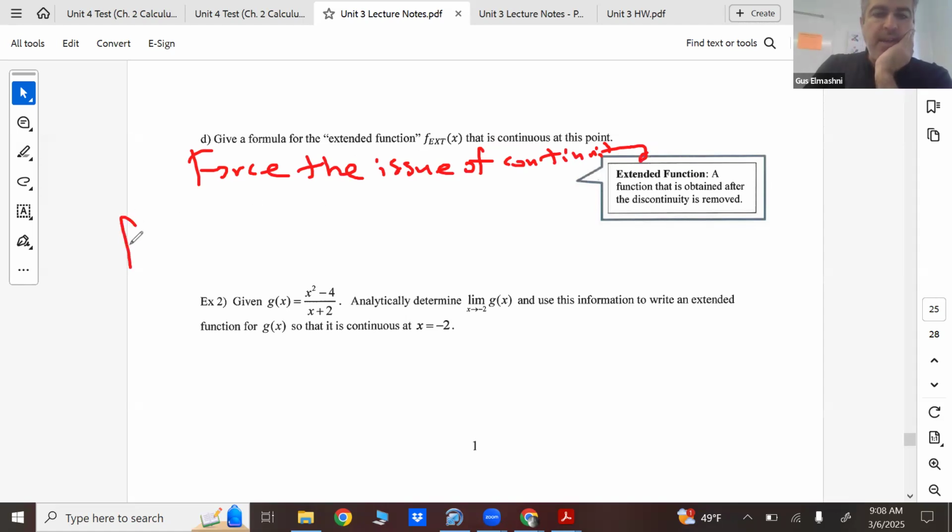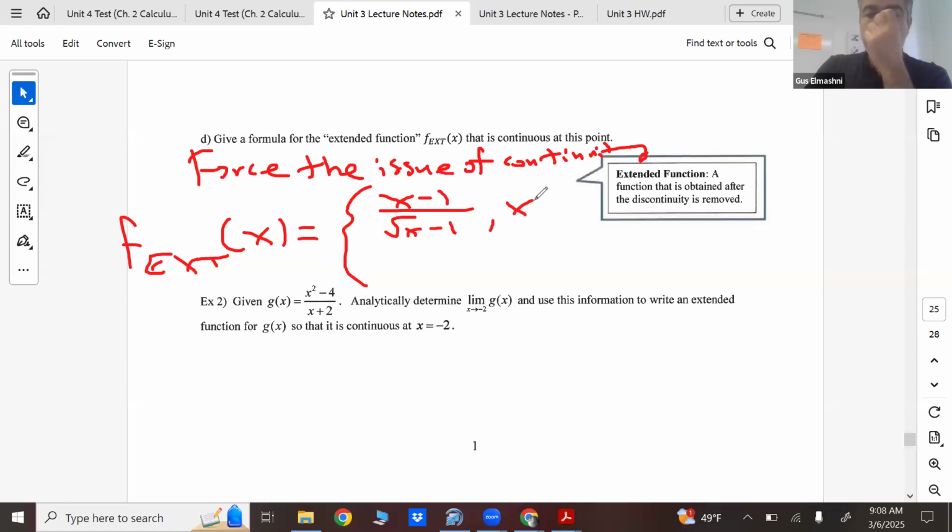Then you write it like this: f_ext, which stands for extended, of x equals root x minus 1. This is true when x is greater than 0 and x does not equal 1.